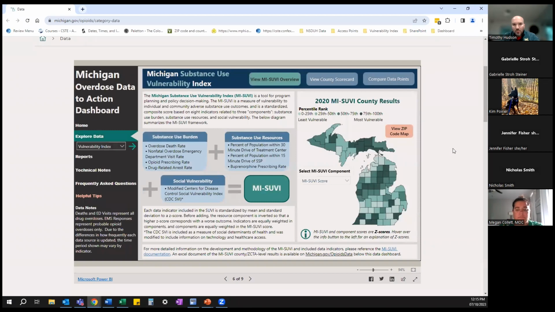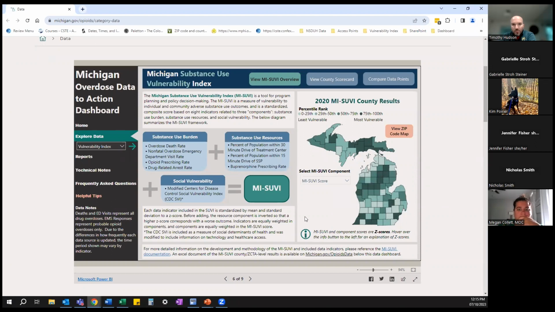I'm going to quickly walk through the pages and the data that are available. Within the vulnerability index page, there are 3 subpages. The first page gives an overview of the MySUVI and how it works, similar to what we just walked through. Then there is a map that overviews the scores at the county and the zip code level.